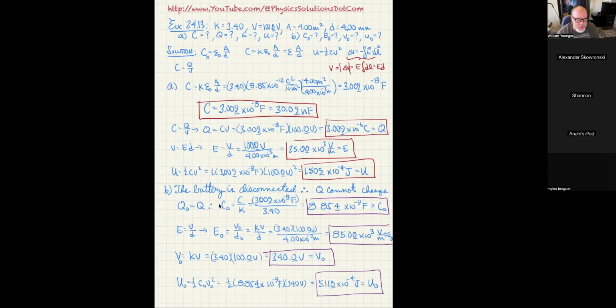All right. So your book asks in a note afterwards, where did all this extra energy come from? I want to point out to you that when you actually have a dielectric inside of a parallel plate capacitor, the individual molecules or atoms in the dielectric, if they're polar, are going to rotate such that the positive side of their polar molecule or atom is facing towards the negative plate, and the negative side will face towards the positive plate.